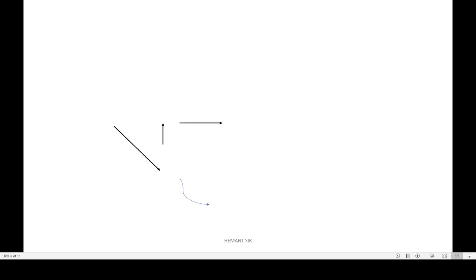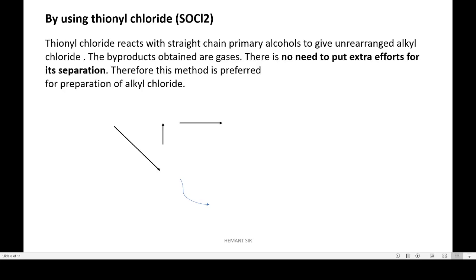Okay? Let's see next, with thionyl chloride. Thionyl chloride reacts with straight chain primary alcohol to give unrearranged alkyl chloride. The byproducts obtained are gases, sulfur dioxide and hydrogen chloride.